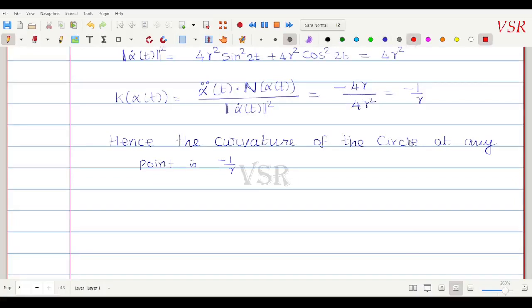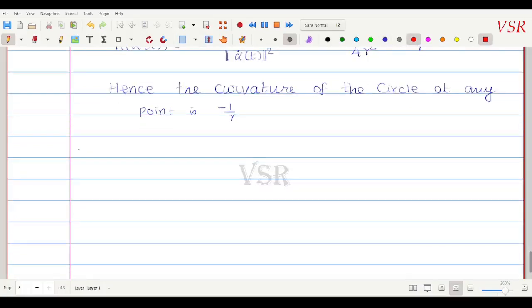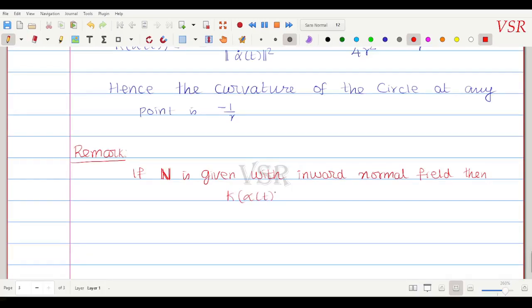Remark: if n is given with inward normal vector field, then kappa will be positive. Okay, the curvature at alpha of t which is equal to 1 by r.